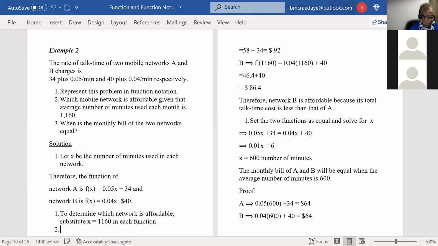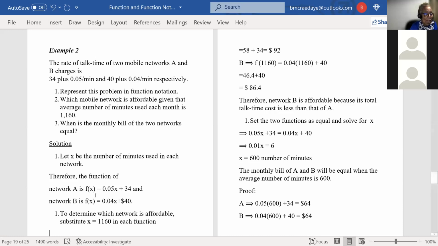You've got to multiply and then divide. What would you multiply? What is X? What's the number of minutes? No, 0.05 is the cost per 1 minute. The number of minutes is X.